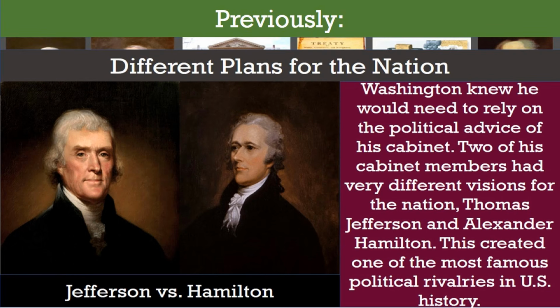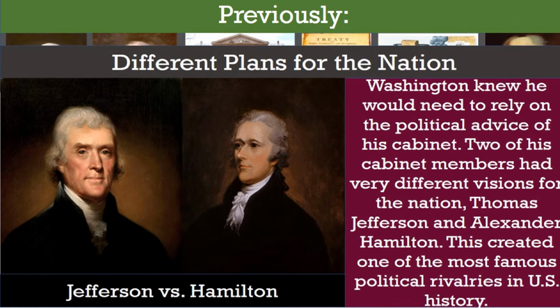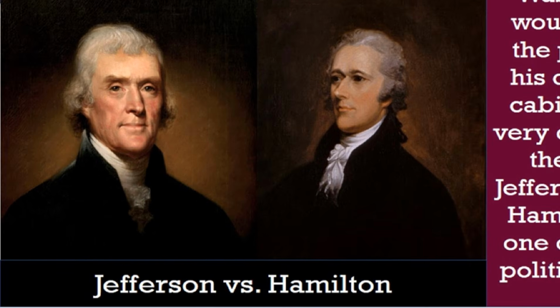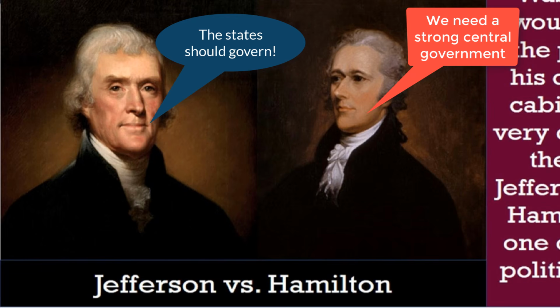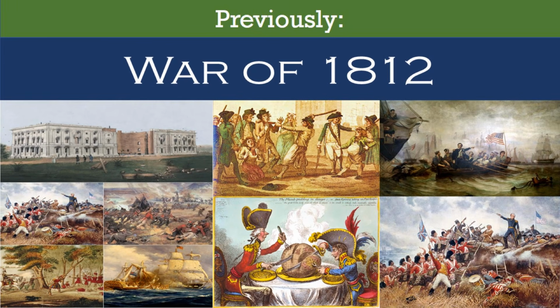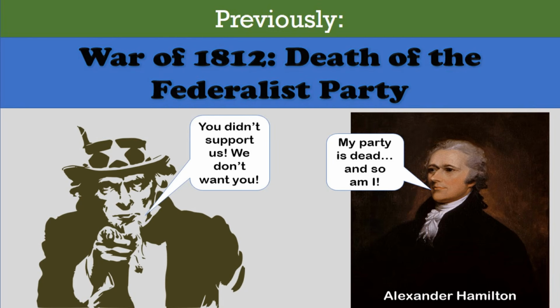Previously, we talked about the start of political parties and different visions for the country, with the debates of Thomas Jefferson and Alexander Hamilton, those favoring a strong national government and those who supported governing at the state level. We covered how political bickering continued during the War of 1812 and the rise of a national hero in the form of Andrew Jackson, as well as how the Federalist Party came out of this war as seeming unpatriotic, leading to their downfall.